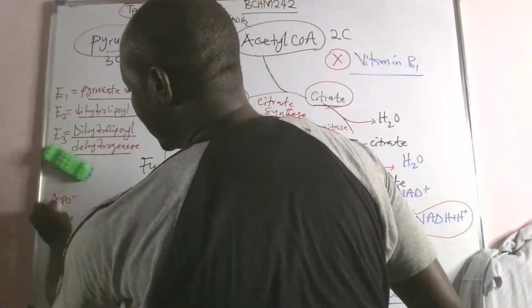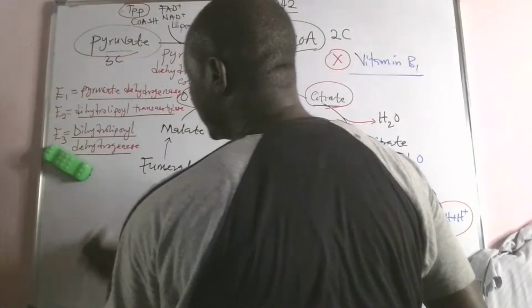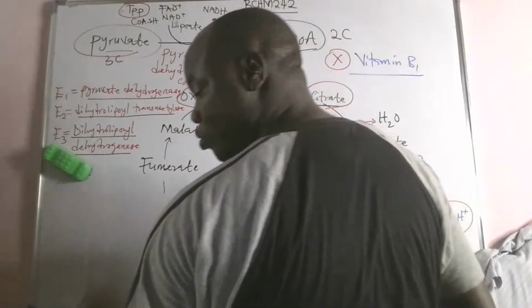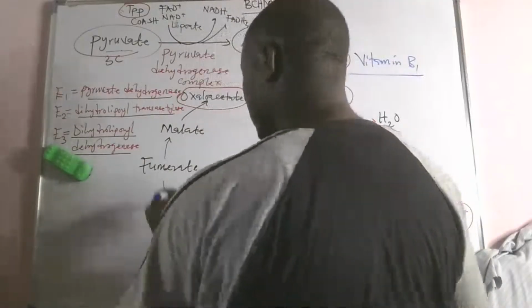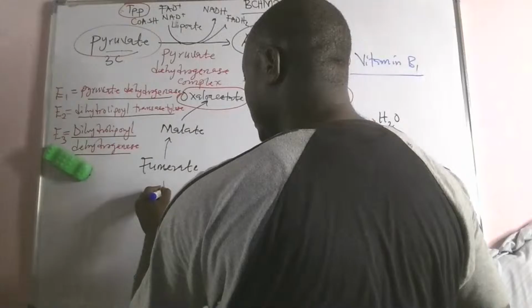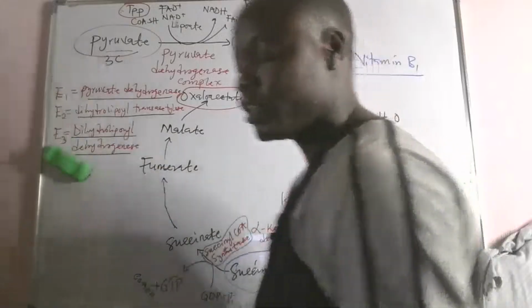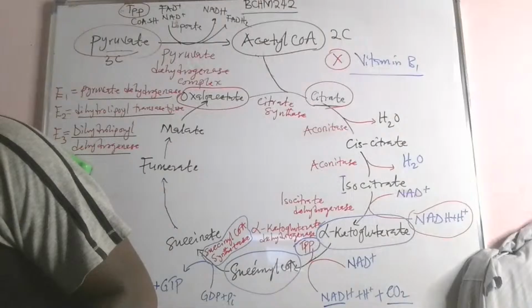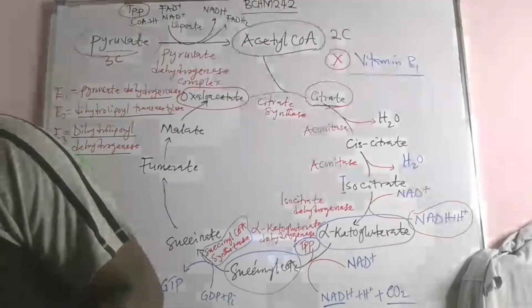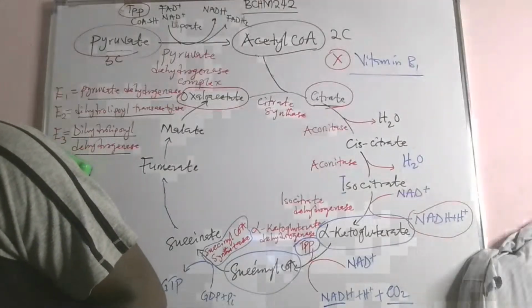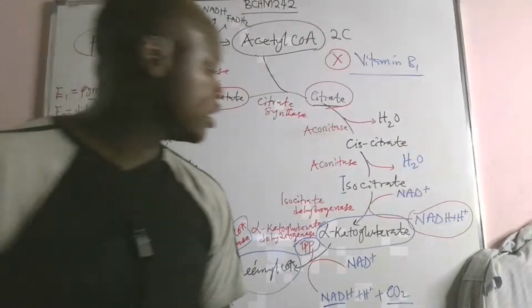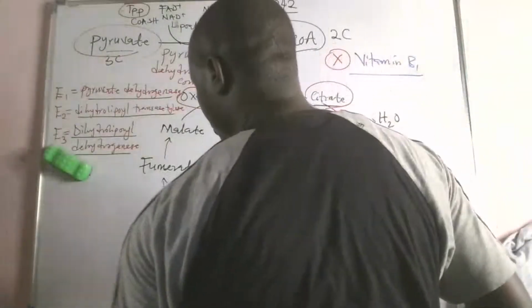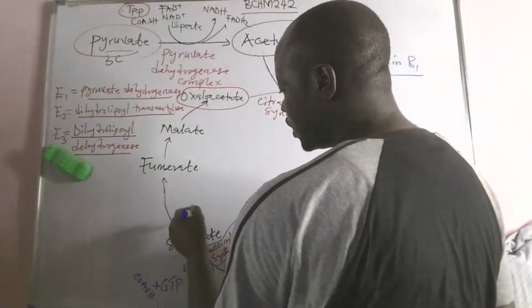So then the next thing, ladies and gentlemen, is that succinyl-CoA will be converted into fumarate, using an enzyme called succinate dehydrogenase.